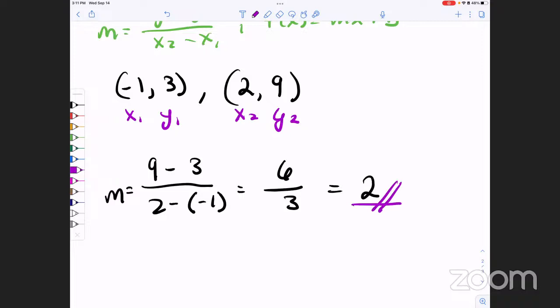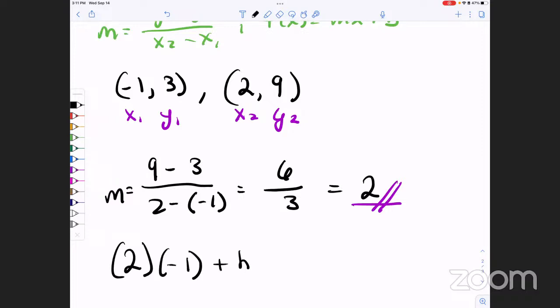Okay. They did not give us the y-intercept this time, so we need to solve for the y-intercept. I feel like the first ordered pair might be a little bit easier to use, so I'm going to work with that one. Okay, so our slope is 2, our x is going to be -1.